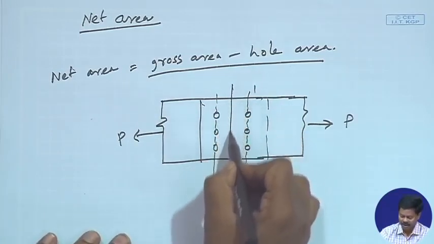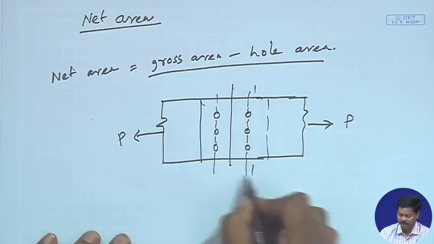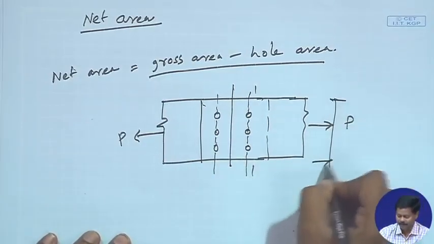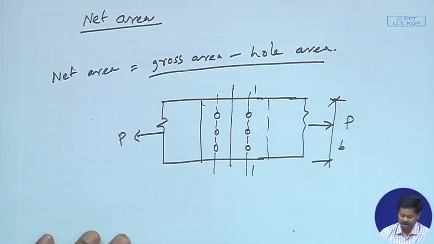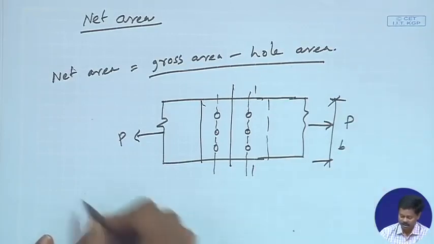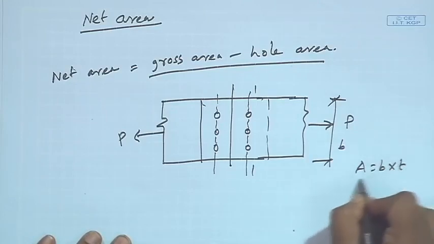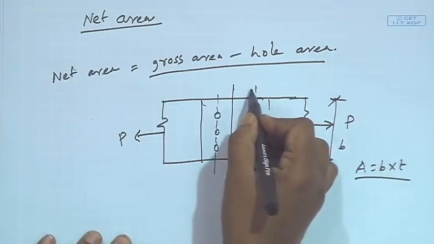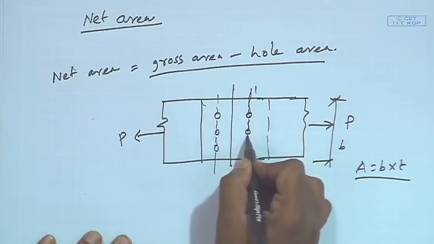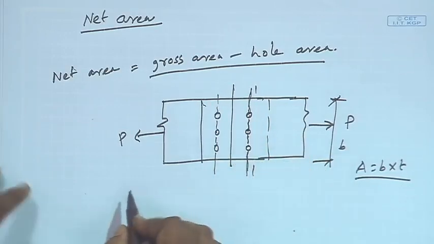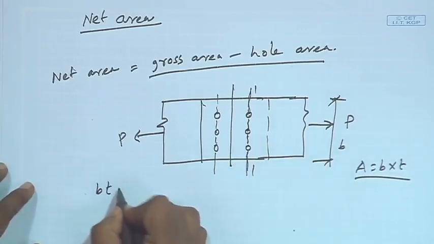If I consider here the net section area, if the width of the plate is B and thickness is T, then gross area will be B into T, right.